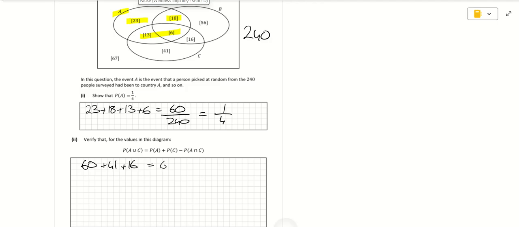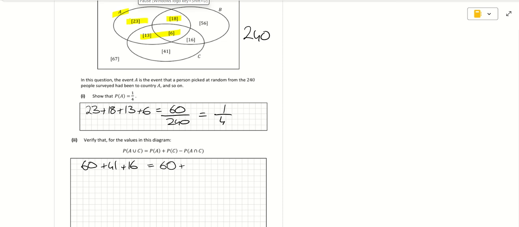So 41 plus 16. Now, that's equal to the probability of A. So probability of A, that's 60 things, plus the probability of C, which is, we may add them up. So that's 13 plus 6 plus 16 plus 41. Oh yeah, sorry, and don't forget, this is probabilities, so you should always have these over 240. So 60 over 240 plus this over 240. My writing is shocking.